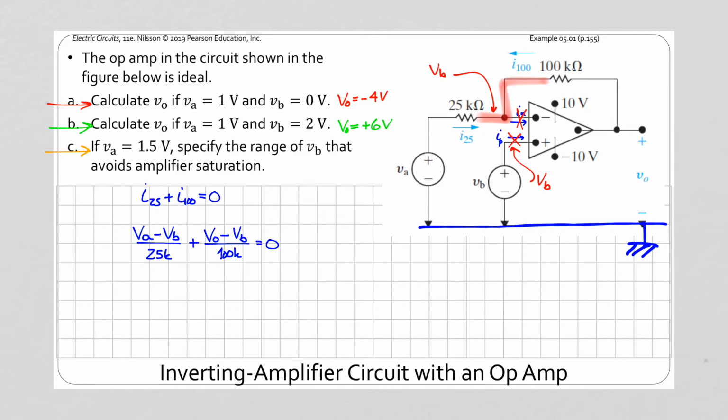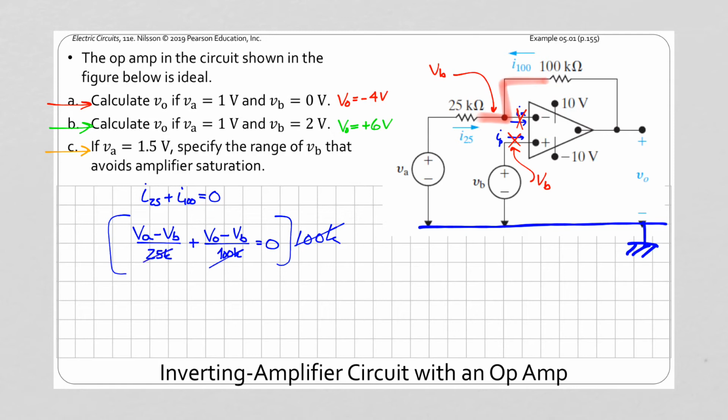So in this case, we want to leave VB as a variable, and we want to figure out what range it's going to be based on the limitation that we know the limits on VO, because VO is limited by the supply voltages. So what we'll actually do here is leave this whole thing algebraically. We'll see that if we solve this as a single algebraic equation, we could have gotten these solutions as well. So I'm going to multiply through by 100k first.